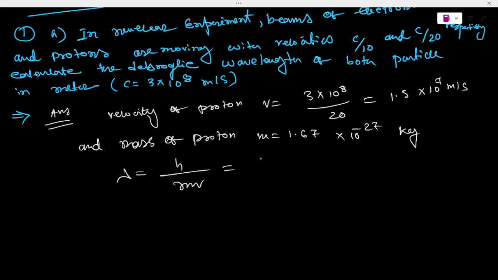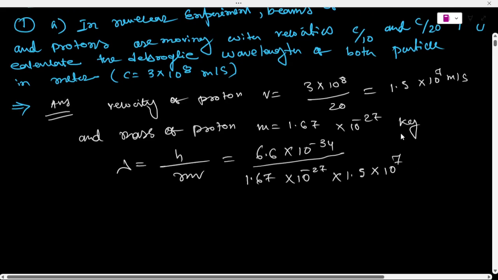Where h is 6.6 into 10 to the power minus 34, divided by 1.67 into 10 to the power minus 27 into 1.5 into 10 to the power 7.